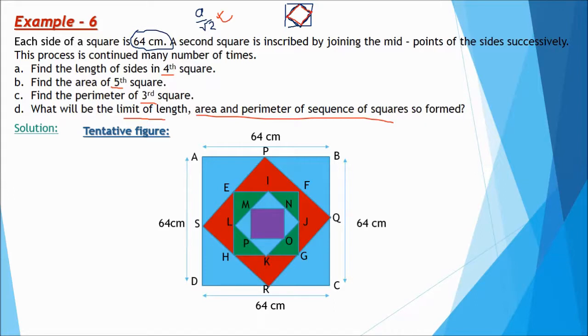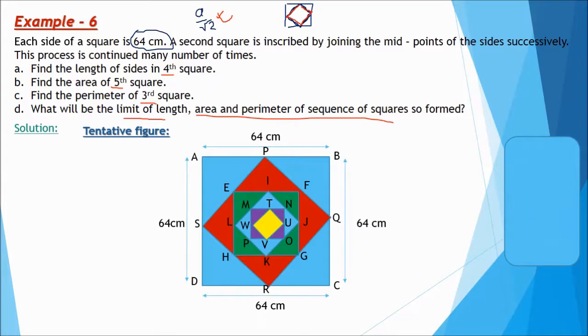It can be repeated, and P is the midpoint of LK. We can again draw one more figure by taking the midpoints of the square MNOP. You can see T is the midpoint of MN, U is the midpoint of NO, V is the midpoint of OP, and W is the midpoint of MP. We can draw this figure many more times.